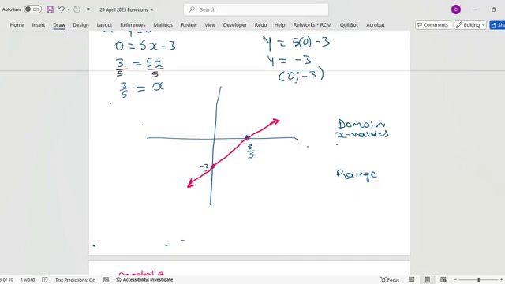So I'll say x is the element of negative infinity up to positive infinity. But myself, guys, for domain, I just write x is the element of real numbers, meaning I'm including all the positive and negative values.